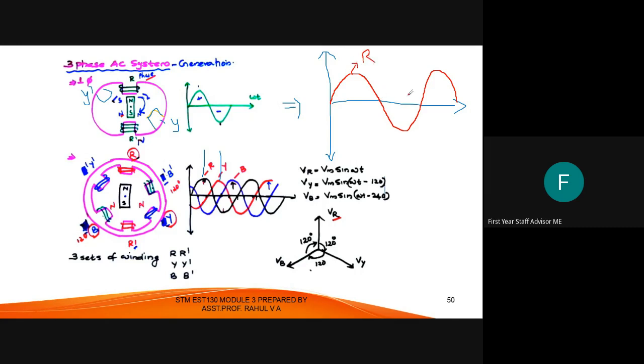I know that one cycle is 360 degrees, this point is 180 degrees, and the center one is 90 degrees. In between, it will be 135.